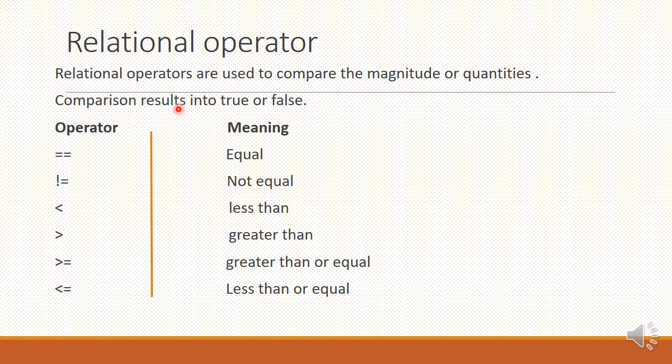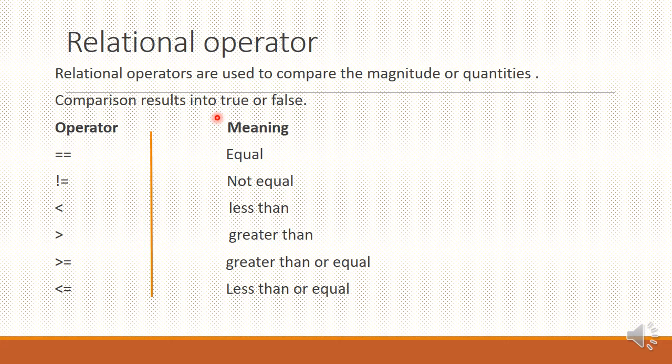Why do we need the relational operator? I want to compare any two quantities, any two magnitudes of the quantities. Then we are going to use the relational operator. For example, you can say which is the highest number, which is the greatest number, which is the lowest number, which is equal, not equal.